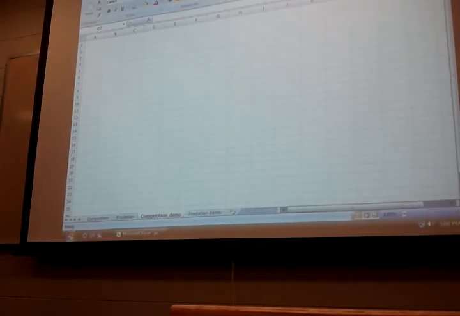So, the first thing, just like always, we need to set up our columns. So I'll just put time, species 1, species 2. Okay, if you click this little space in the upper left-hand corner, that highlights everything. And then if you click this middle tab, this is what will put everything in the middle.